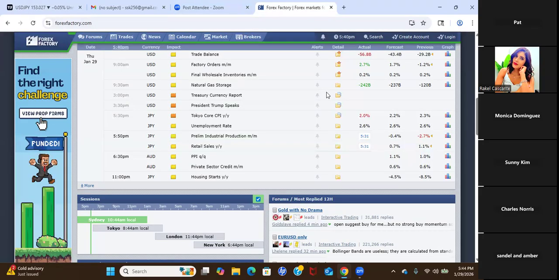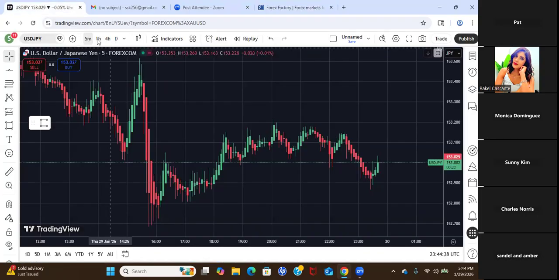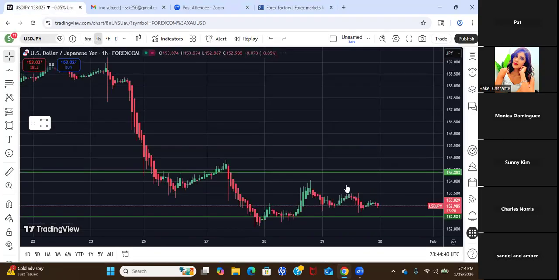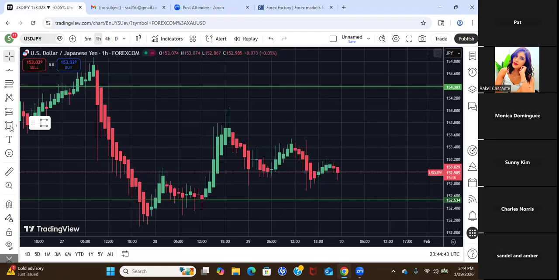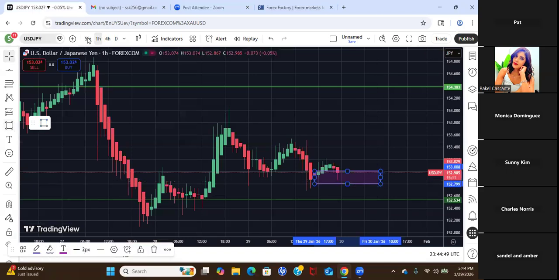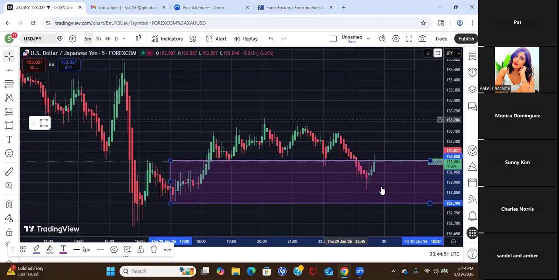So let's see what we got here in 6 minutes. It's here in the 1 hour zone. I like what I see. It already tapped our 5 minute.